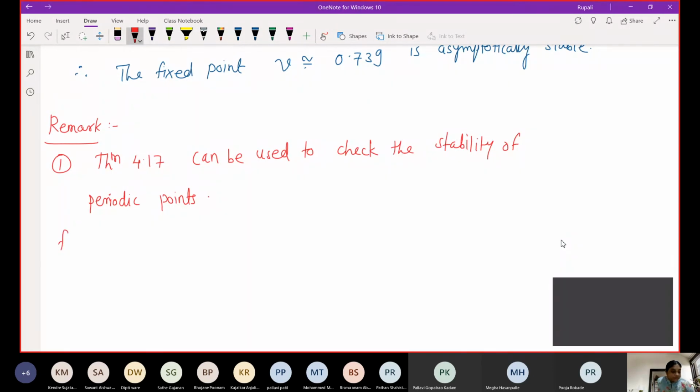For example, suppose v is a point of period 2 for the function f.